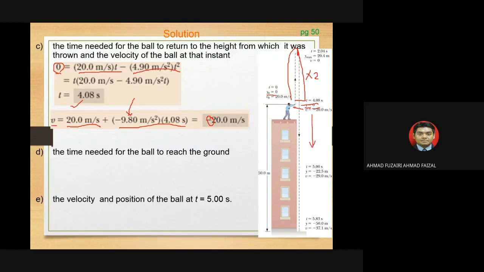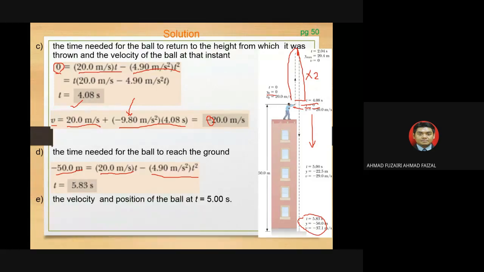Alright, now look at question D, the time needed for the ball to reach the ground. The question asks us to find t. You can use the equation delta y equals v naught t plus half a t squared.